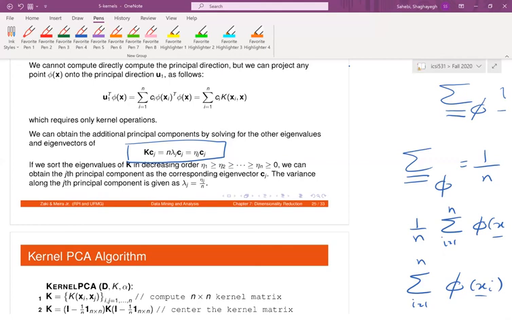So if I have U1, the variance along U1 is going to be equal to lambda 1, which is basically the eigenvalue 1 of K divided by n.